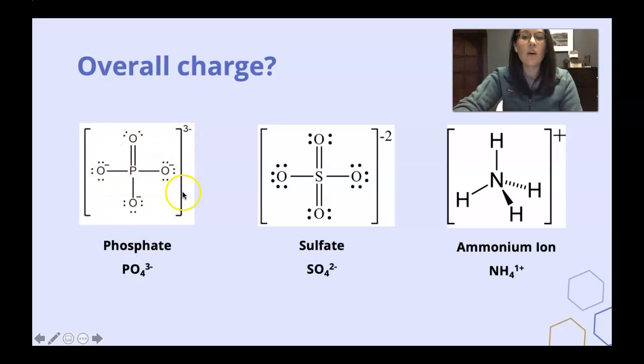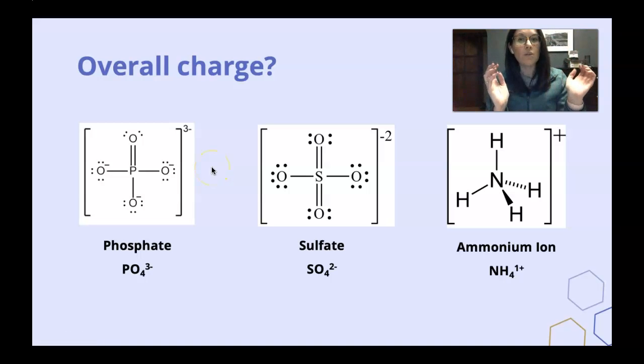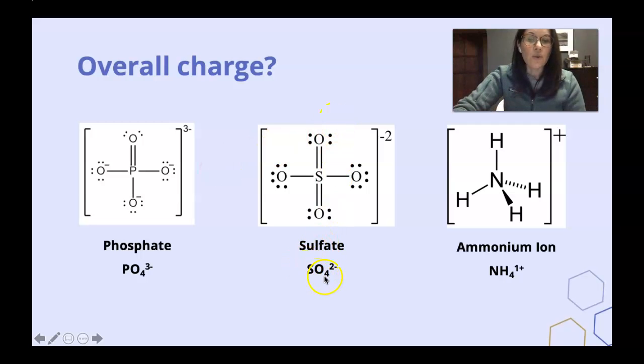And then the whole entire polyatomic ion is put in brackets, and then that has a 3- charge. You can kind of think of these as like parentheses in math, where you would distribute a coefficient in through multiplication.